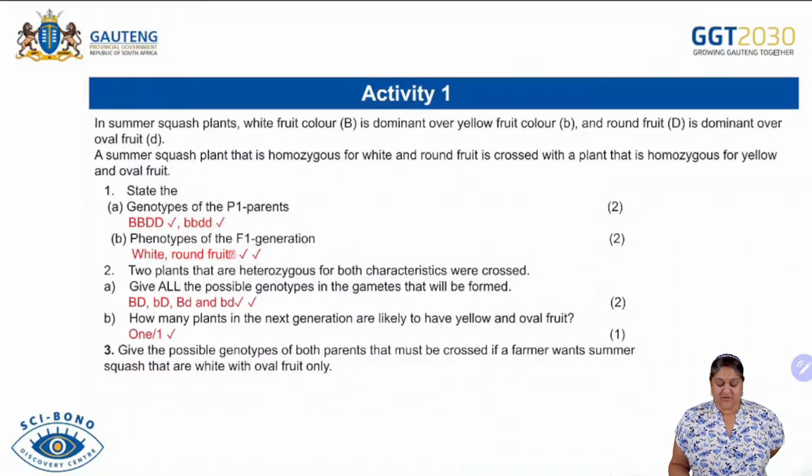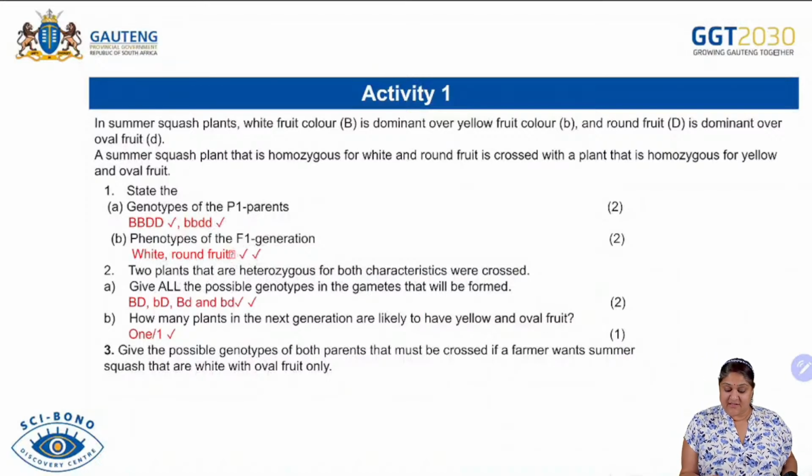Give the possible genotypes of both parents that must be crossed if a farmer wants summer squash that are white with oval fruit only. So now he wants white fruit. So the capital B has to be somewhere. And he wants oval fruit. Right, he wants oval fruit.